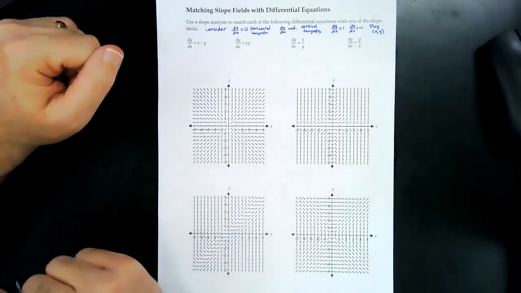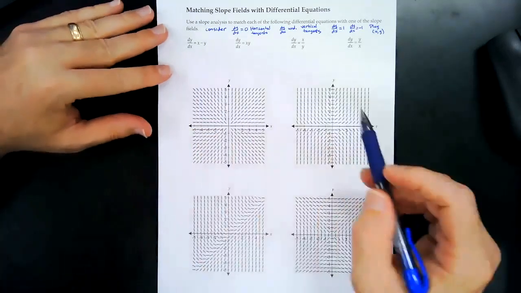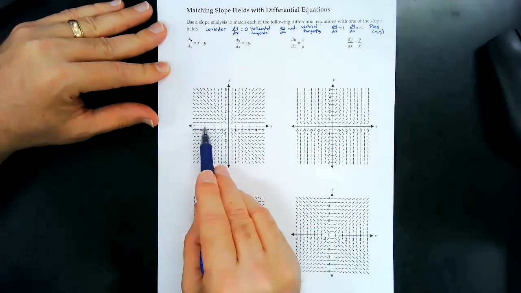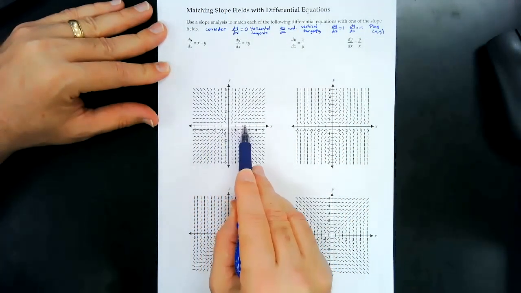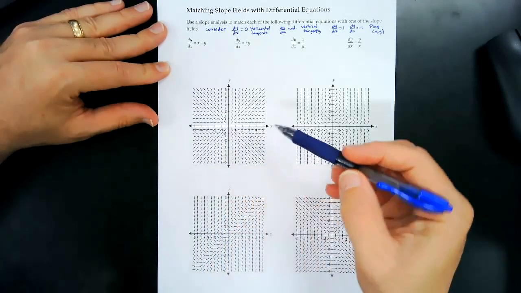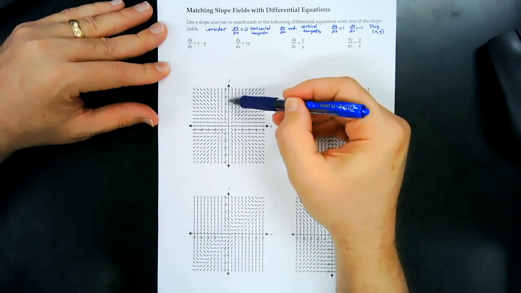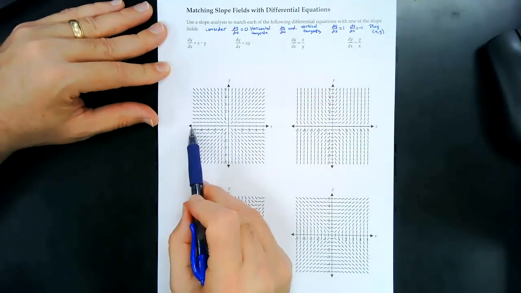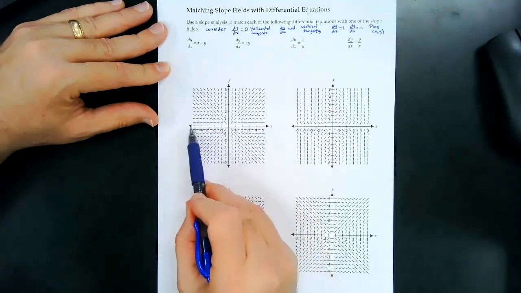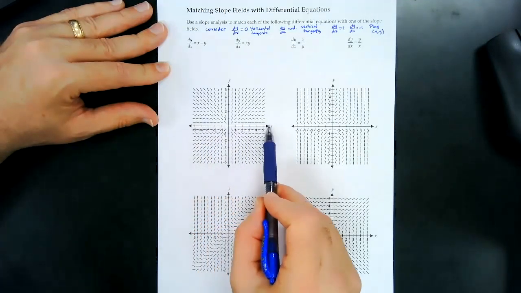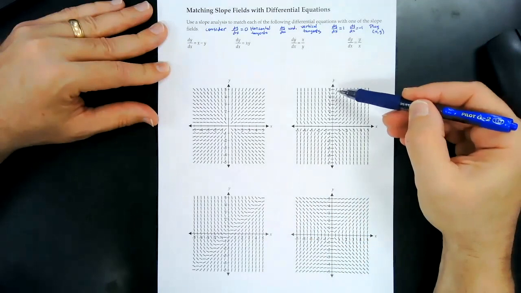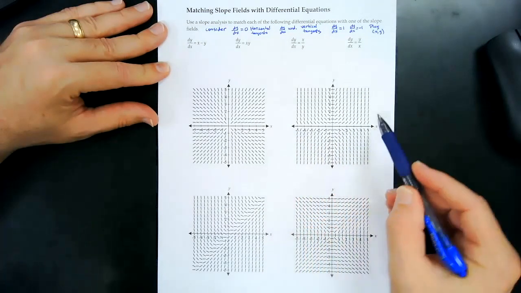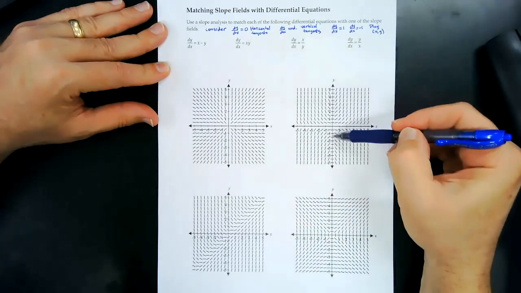All right. So looking at this first one, we're looking at these. On this one, you can kind of see there are horizontal slope lines on the x-axis, and then there are vertical slope lines on the y-axis. On the y-axis, that's when x equals 0, and on the x-axis, the y coordinate is going to be 0. Over here, it looks like we have horizontal ones on the x-axis and also on the y-axis.